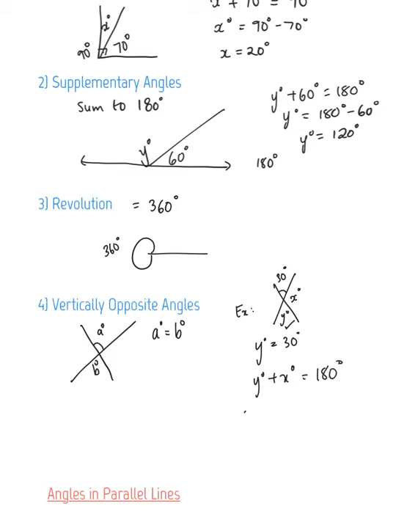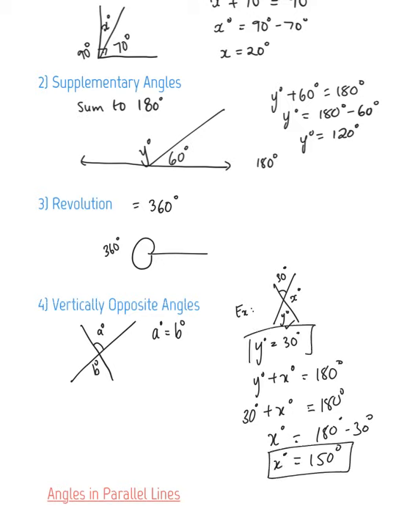I know that Y is 30 because vertically opposite angles are the same. So 30 degrees plus something gives me 180 degrees. If I subtract 30 from 180, that gives me 150 degrees. So X is 150 and Y is 30 degrees. Remember that vertically opposite angles are always the same. If there's a cross, they're always the same.